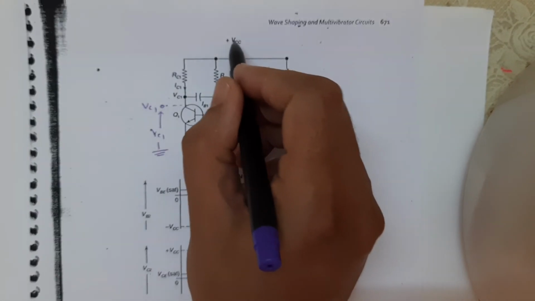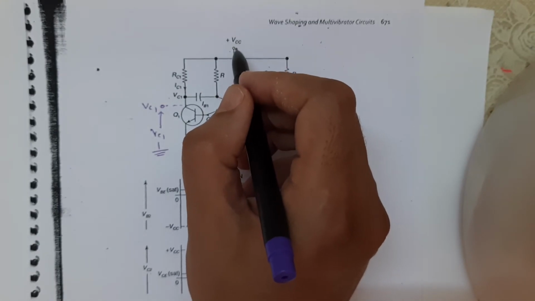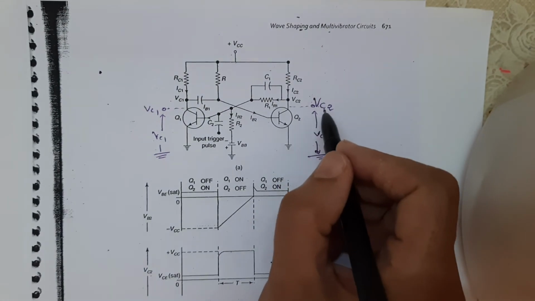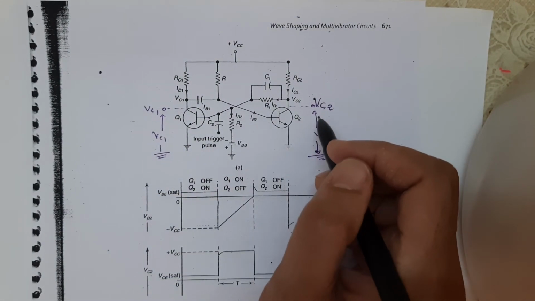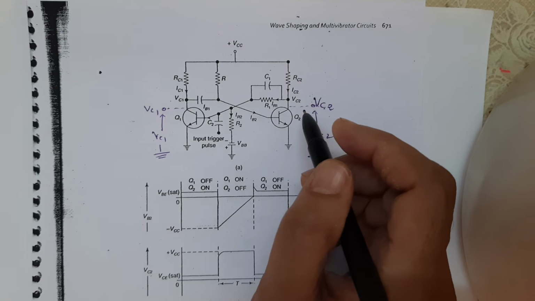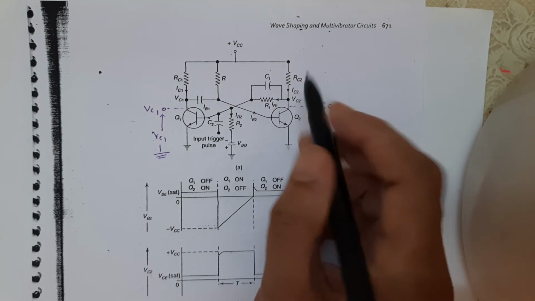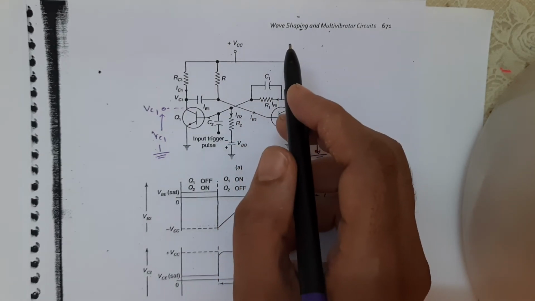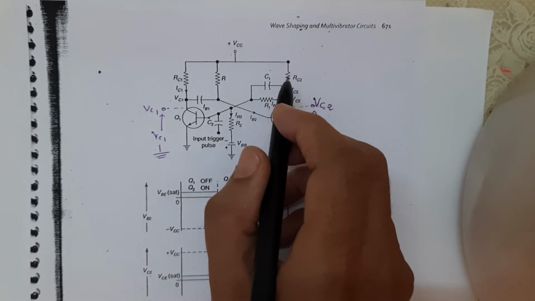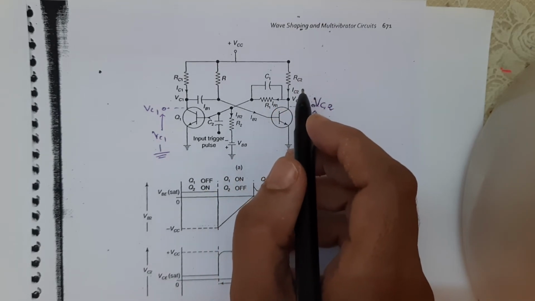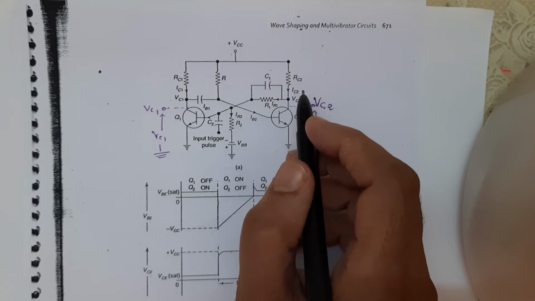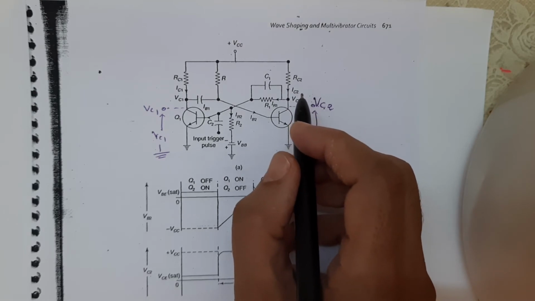Here only plus VCC supply is given. There is a DC supply. This DC is converted into the output, whether it is VC1 or VC2. We are getting the square wave at the output. So this DC is converted into the form of a square wave signal. So I repeat, an astable multivibrator generates the square wave.